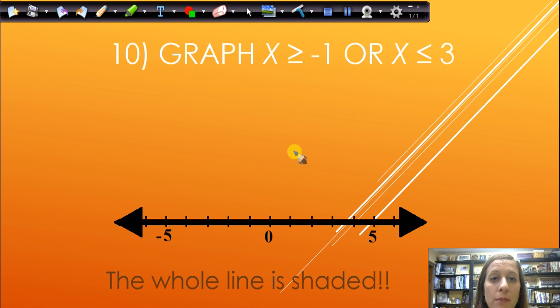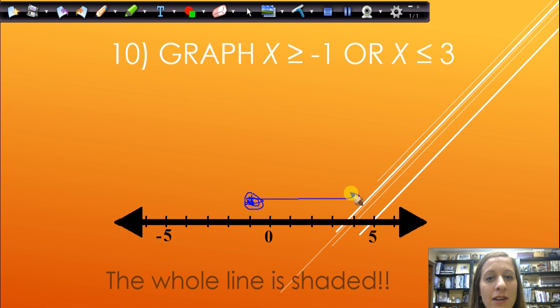So let's work backwards this time. x ≥ -1. So here is our -1. This would be filled in, and we would be graphing everything greater than -1. Here would be x ≤ 3, so there's our circle, it's filled in, and everything less than.